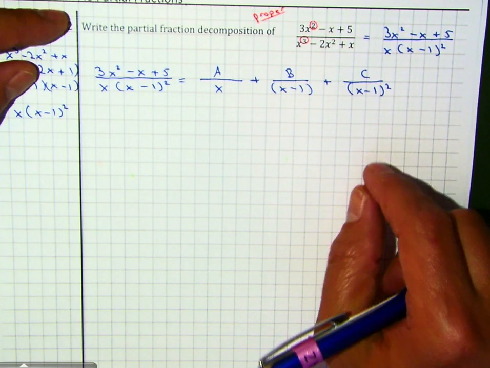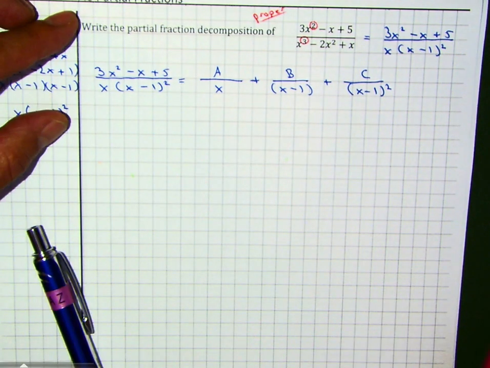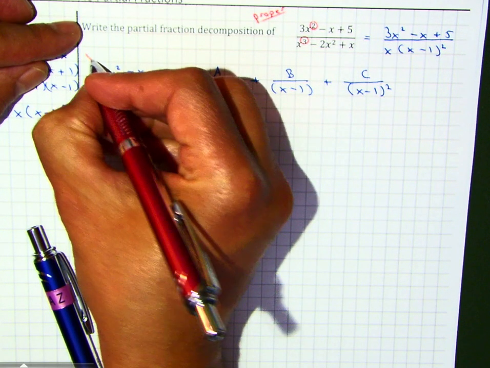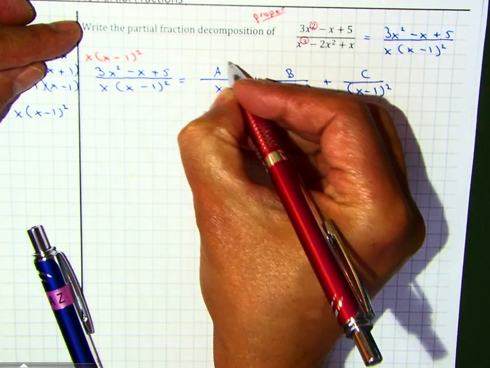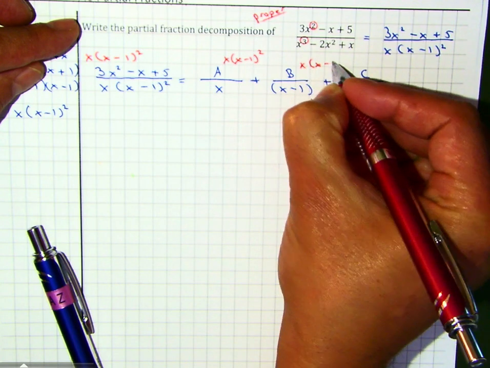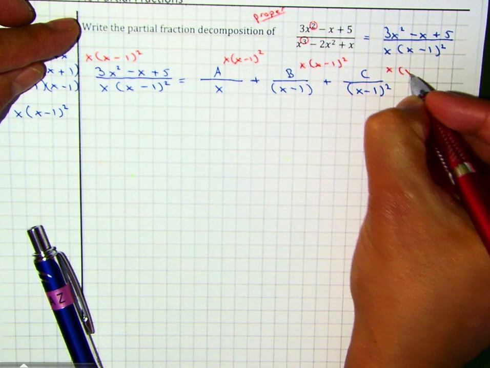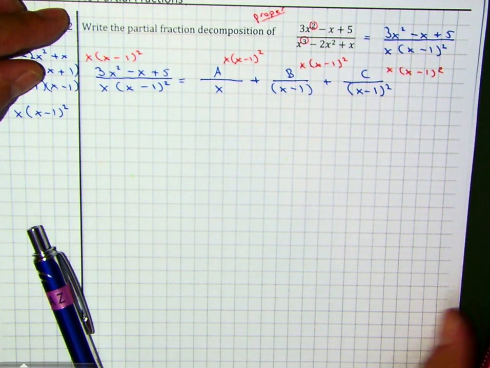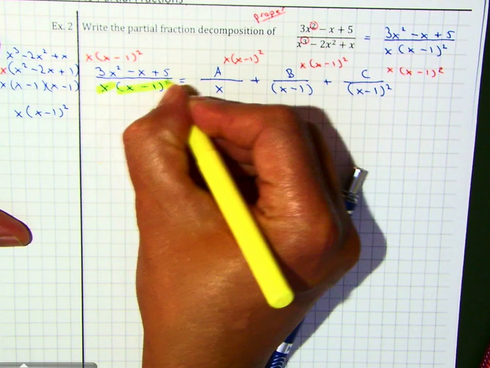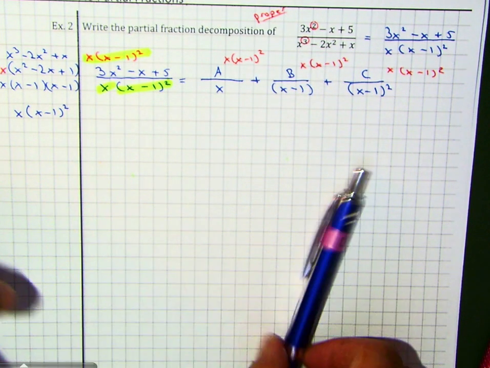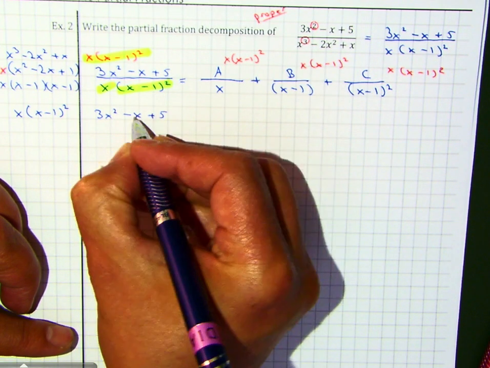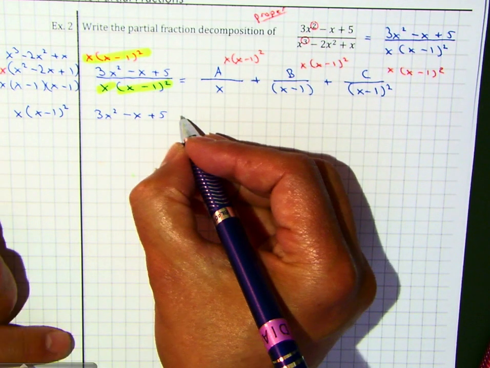Now we want to cancel my denominator by multiplying by x times x minus 1 squared. So therefore my x and x minus 1 squared cancel, and the only thing that I have left is my 3x squared minus x plus 5 equals.